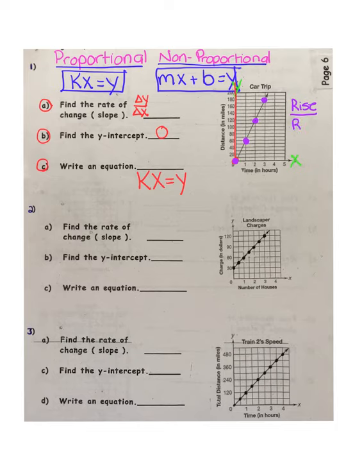Remember, we're looking for our rise over our run, which of course is delta y over delta x. So with your pencil point at 0, 0, rise up 60 miles and run sideways 1 hour. It appears as though our delta y over delta x is 60 miles per 1 hour.